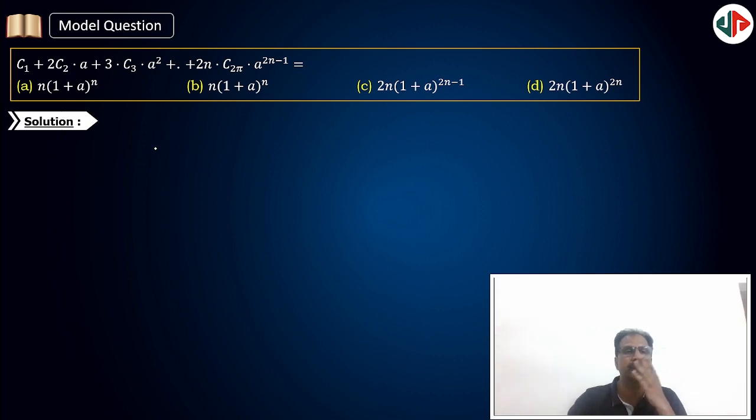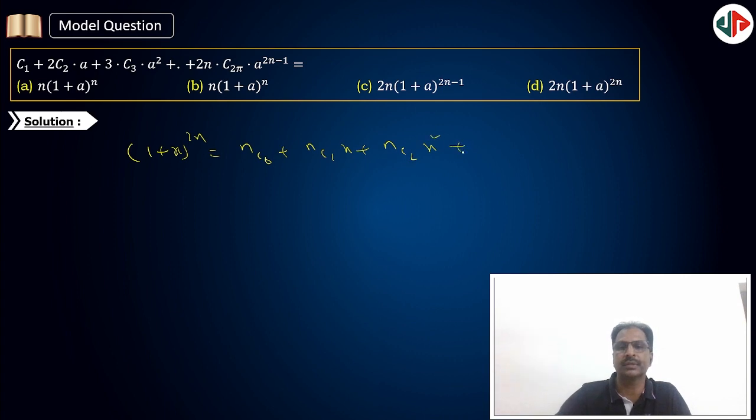Next, C1 plus 2C2 into a, 3C3 into a square, and so on. This also you can do by verification, or take the expansion of (1 plus x) whole power 2n: 2nC0, 2nC1 into x, 2nC2 into x square, and so on up to 2nC2n x power 2n. Now differentiate this with respect to x.